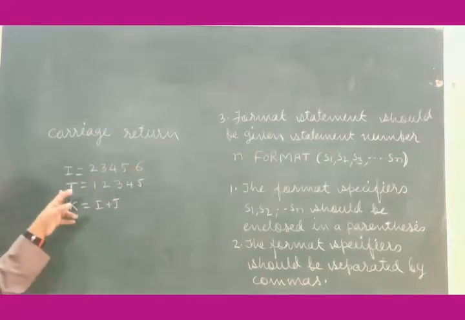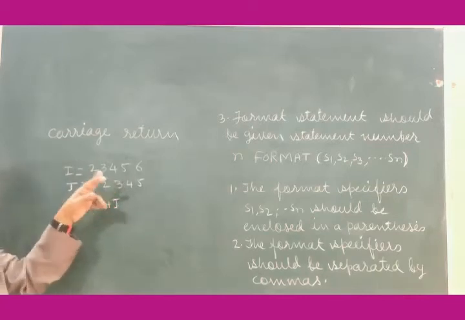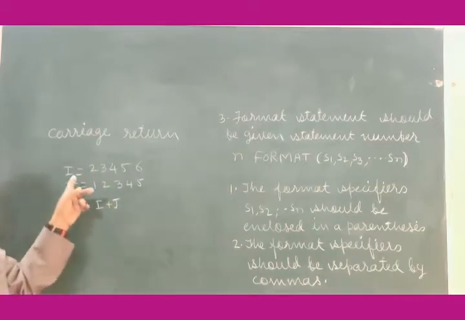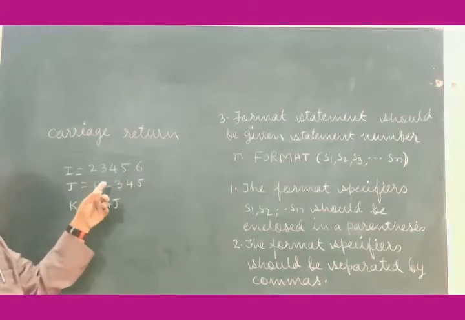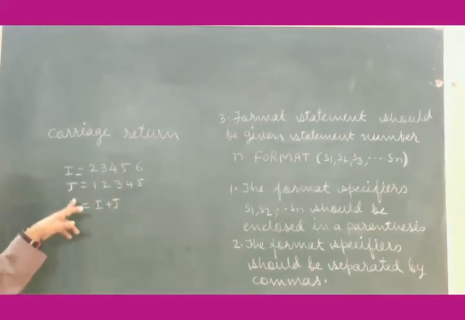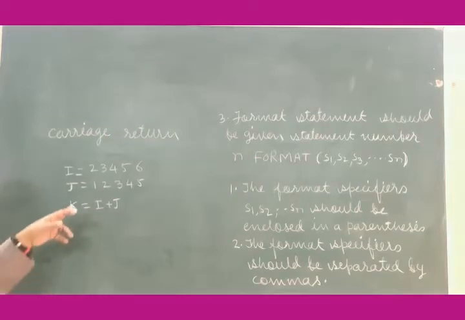This is one input, this is the other input, first input data, second input data, it is integer data. You want to have the addition of these two integer data. What will be the addition?